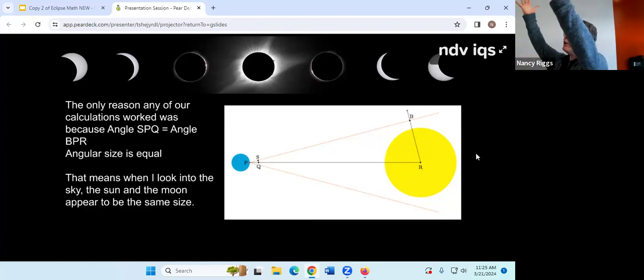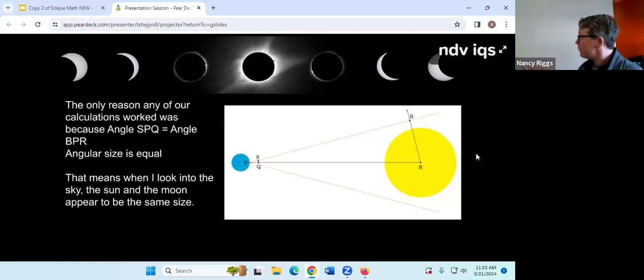As I stand here on Earth and I look up into the sky, the moon and the sun look like they're the exact same size because that angle size is exactly the same. So even though the sun is a lot bigger, because the distance is correspondingly further away, they look the same size. If they weren't the same size, we wouldn't necessarily have solar eclipses. But because they look the same size, it all works out.